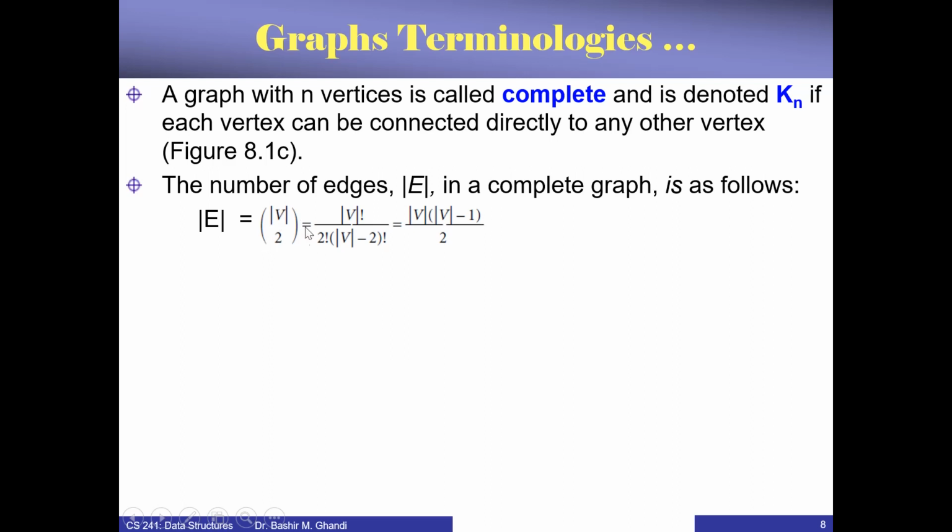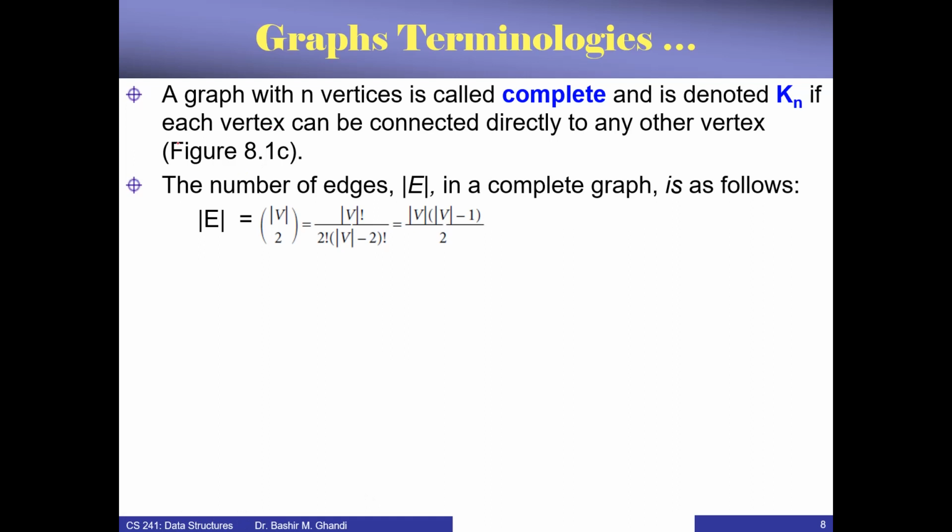As you may know from mathematics, combination of size of V and 2 is defined as V factorial divided by 2 factorial times size of V minus 2 factorial. This is the mathematical definition of combination, but actually this can be simplified, let me try and simplify it.